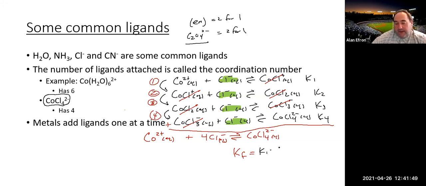So we take K1 times K2 times K3 times K4, and that gives us our equilibrium constant for the overall reaction. So ligands do get attached in a stepwise fashion, and that's really important for understanding some of the calculations we're going to talk about in the rest of this chapter. Any questions on that?